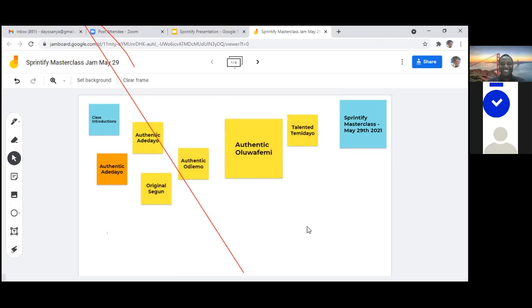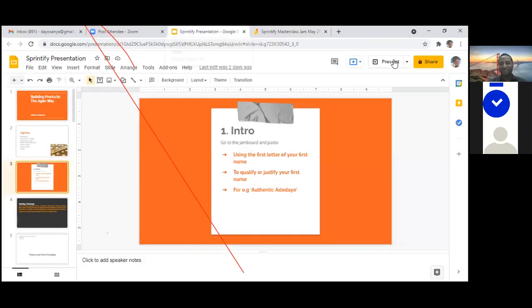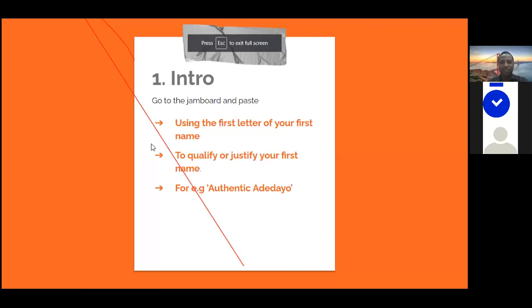Original Shegun. Okay. Talented Temidayo. Okay. So thank you very much. Temidayo, can you please help me with these strokes I can see on the screen?